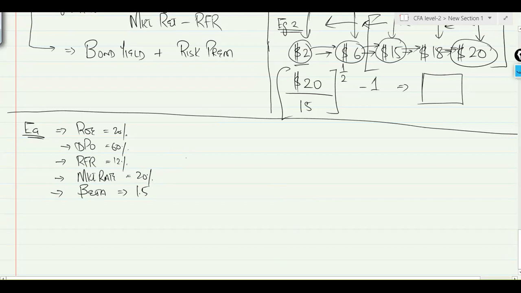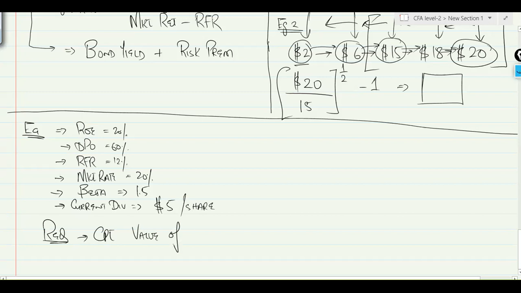The current dividend that you have just paid is $5 per share. Required: compute value of equity per share.